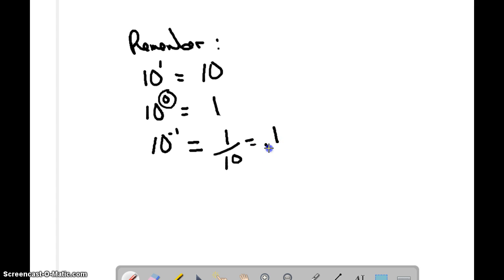How many places do I move the decimal place? 1 place. Okay? If the number is less than 0, my exponent must be a negative number. So if you remember these 3, you can build the rest of all of the scientific notation, all of the negative exponents, if you can just recall 10 to the first is 10, 10 to the 0 is 1, and 10 to the negative 1, 1/10. Move a decimal point 1 spot.